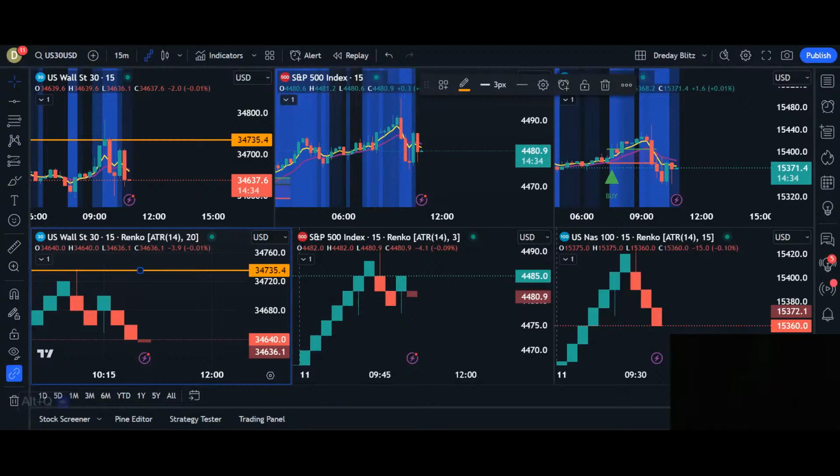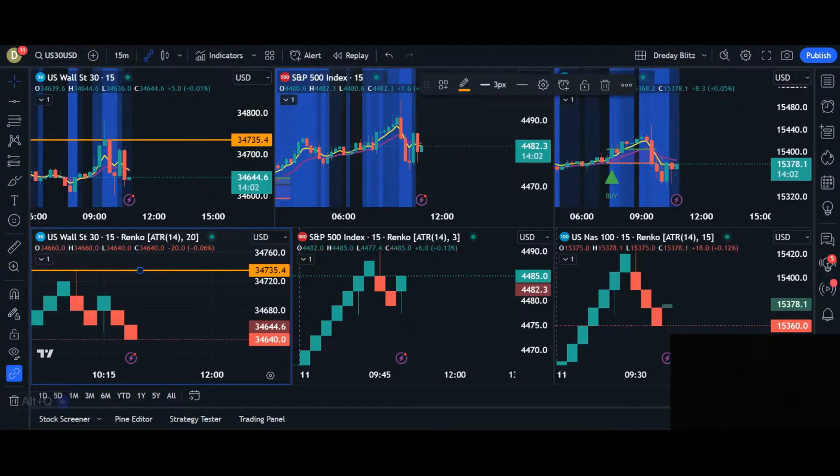So we're still looking bearish here on US 30. S&P 500 is showing us a reversal, and the Nasdaq is still looking bearish, but the next Renko is not fully done. So we'll see how it goes. Right now, it seems like it's consolidating a little bit. Same thing for the other two.